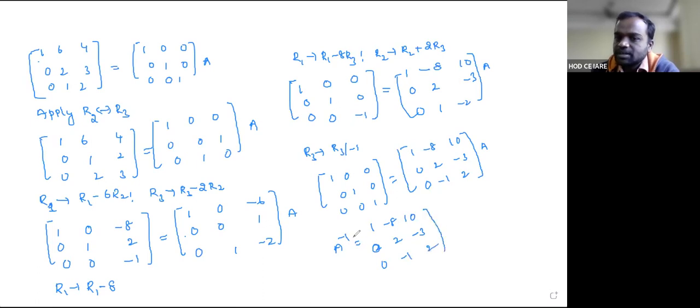So this is the inversion of the matrix. Okay, this is the Gauss-Jordan method.